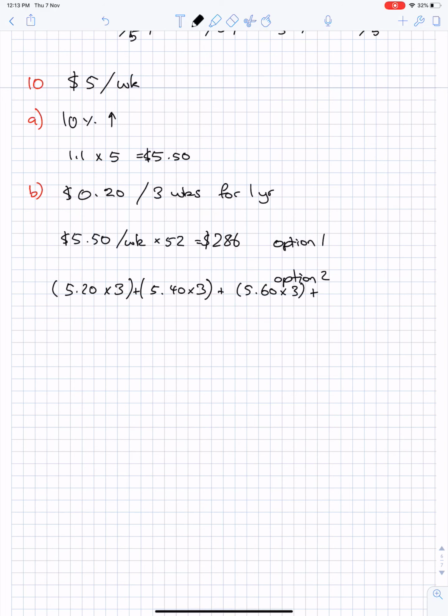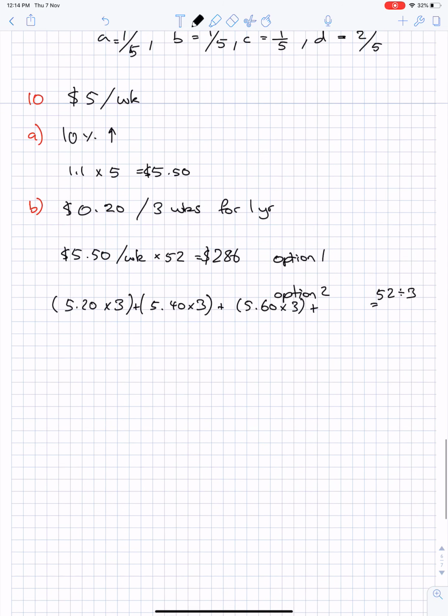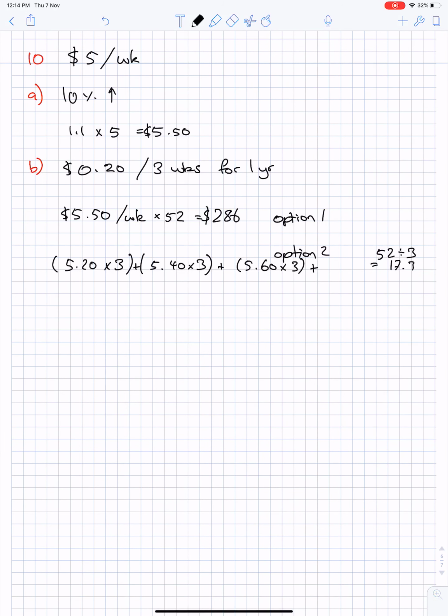Plus, so how many times do we have to do this? We would have to do 52 divided by 3, which equals 17.3 times. Okay, so plus 5.80 times 3 plus $6 times 3.